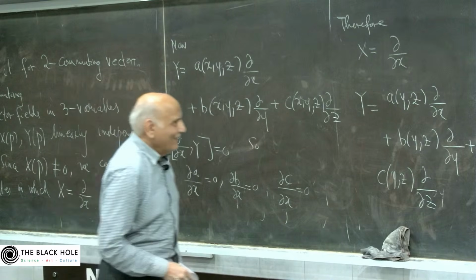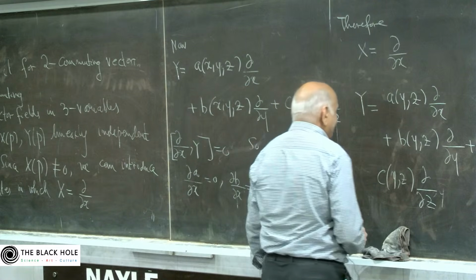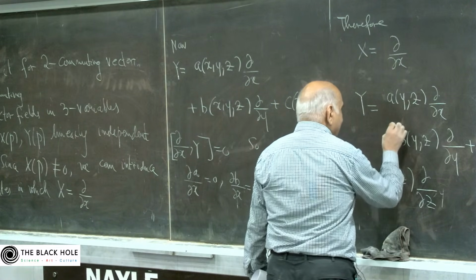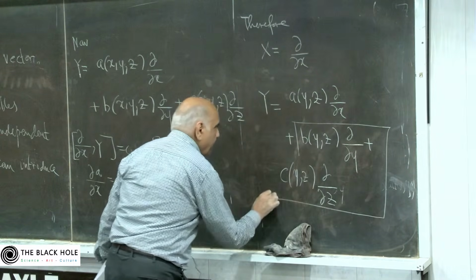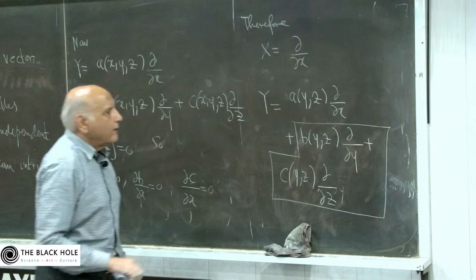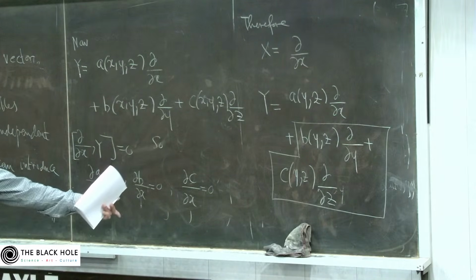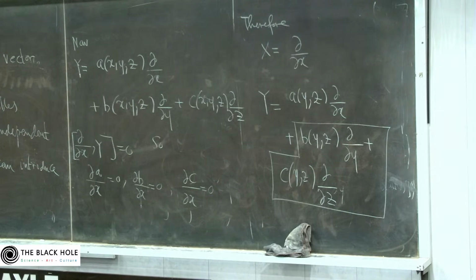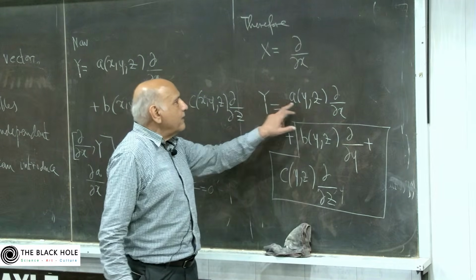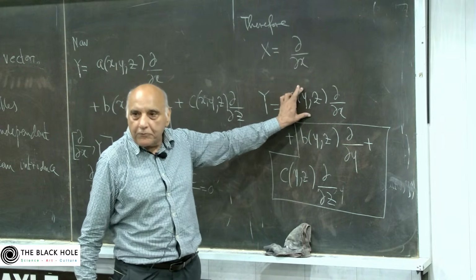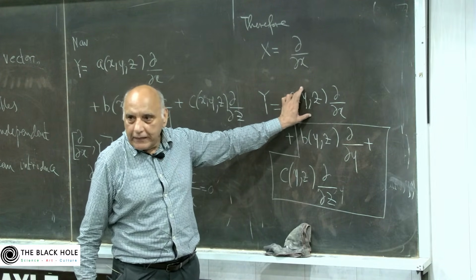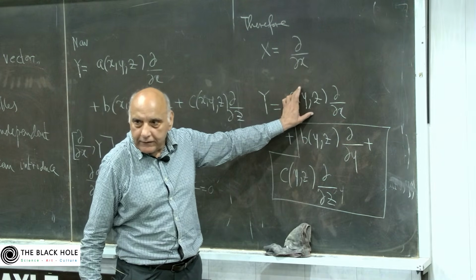Now look at this vector field. It's a vector field in 2 variables. Can it be 0? If it is 0, then X and Y would at that point become linearly dependent, right?